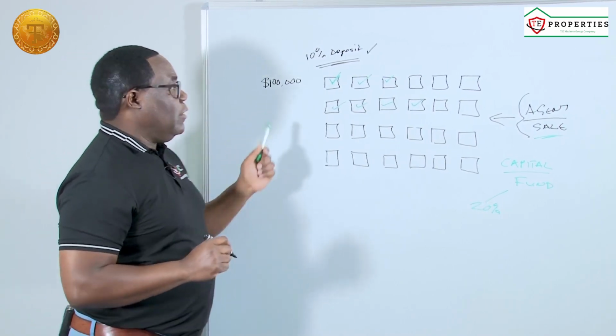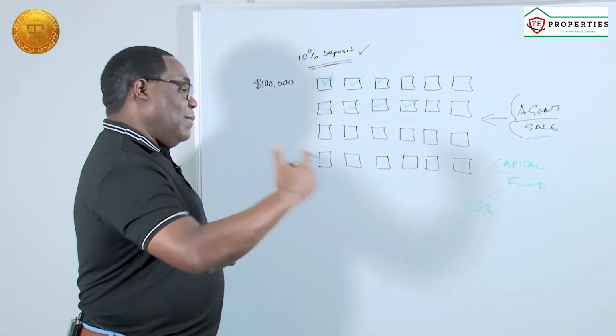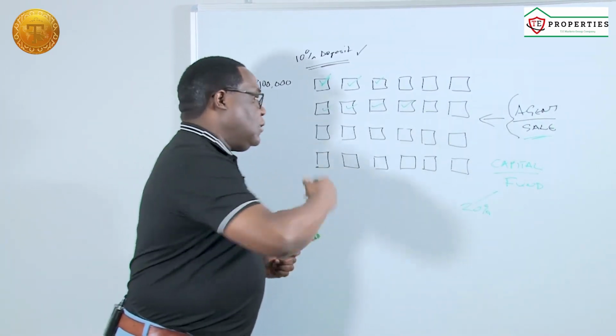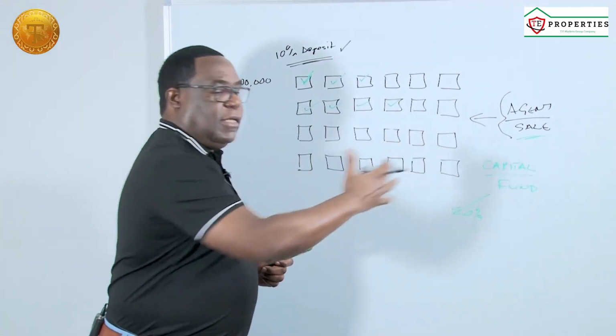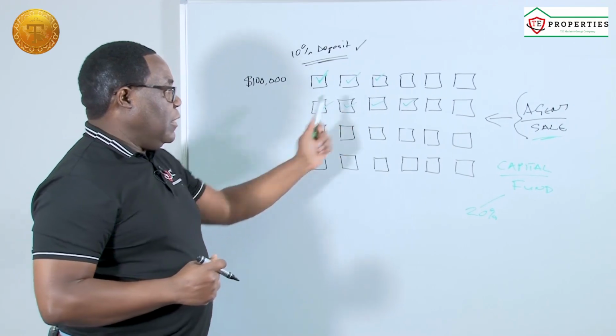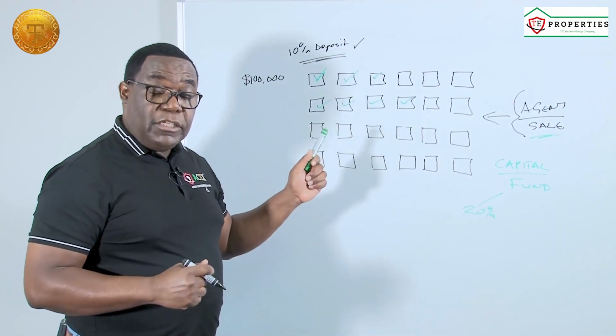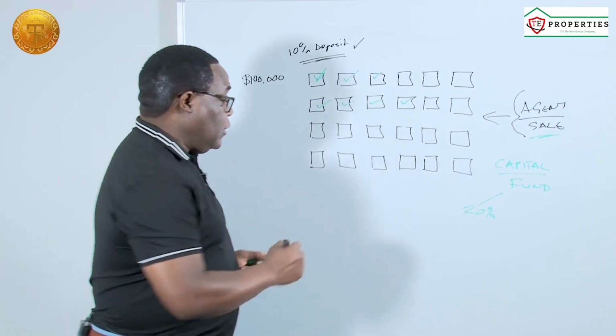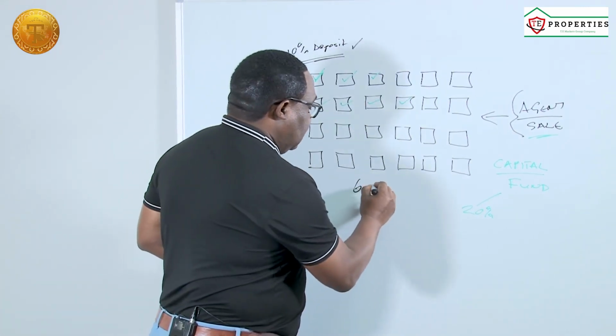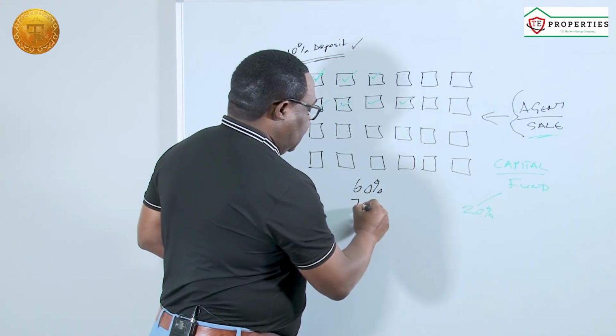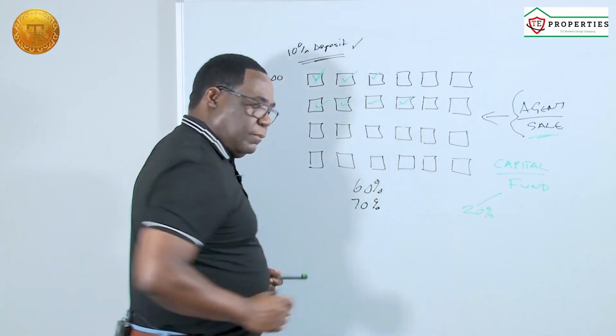Because as the development takes off, as the sales take off and they keep selling the properties, I mean the units off plan, the chief aim of the developer is to sell at least 60 or 70% of the units off plan.